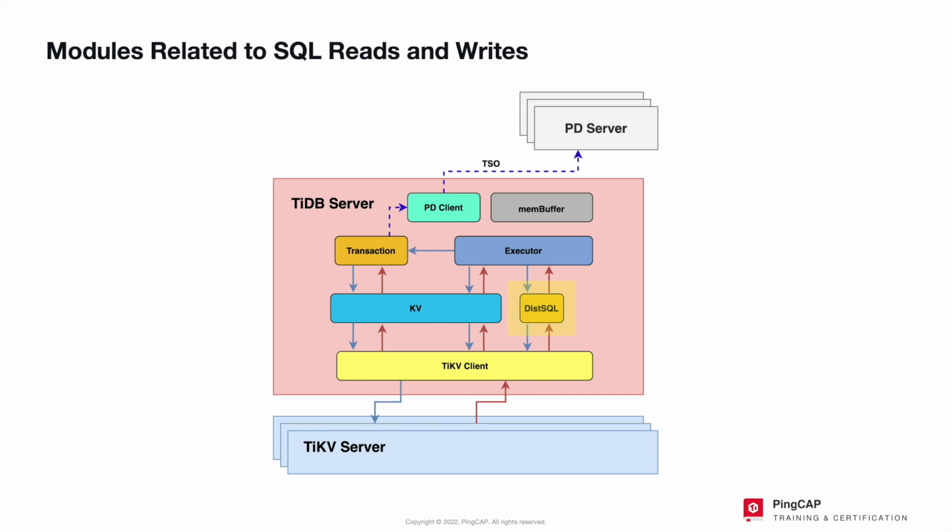In order to avoid complex logic coupling with the SQL layer, TiDB extracts a unified distributed query layer interface, the dist SQL module. The dist SQL module is a layer of abstraction between TiDB Server and the coprocessor. The coprocessor can handle aggregation, filtering, and other tasks.